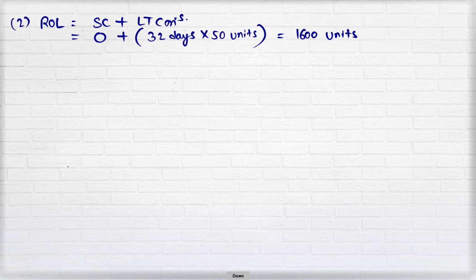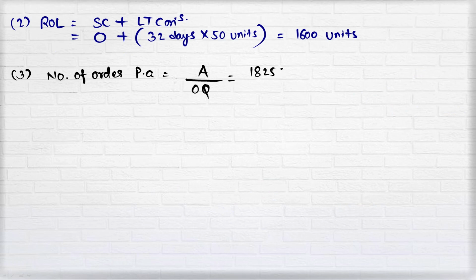Number of orders per year. I told you only formulas are not important. You will have to understand the logic. This is in one of the formula. How many number of orders will be per annum? It is A divided by OQ. What is A? 18,250 units you want.